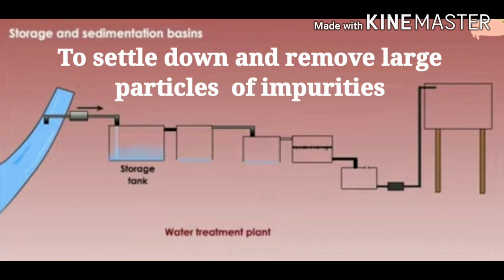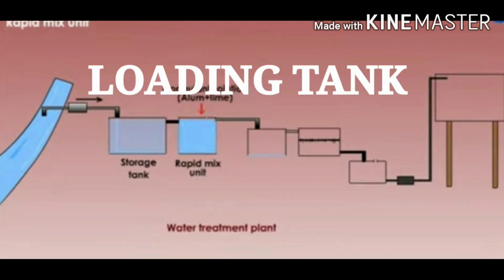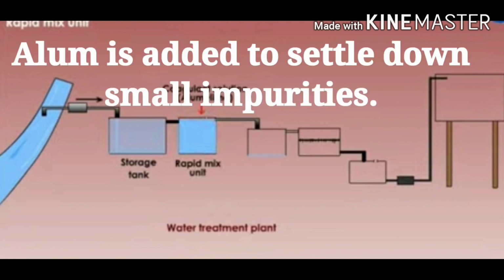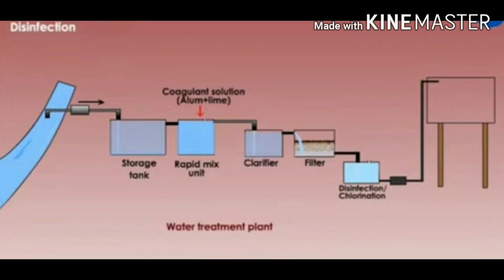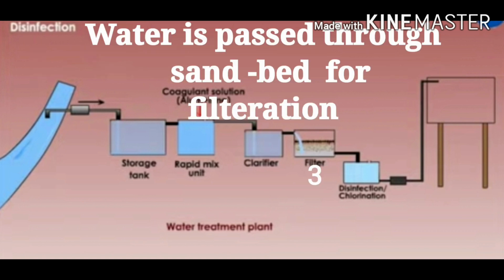In the sedimentation tank, first the larger particles or solid impurities settle down, then it passes on to the next tank where alum is added and loading is done to settle down the smaller particles and get them separated. And now the water is passed through layers of sand filters where smaller impurities are filtered.